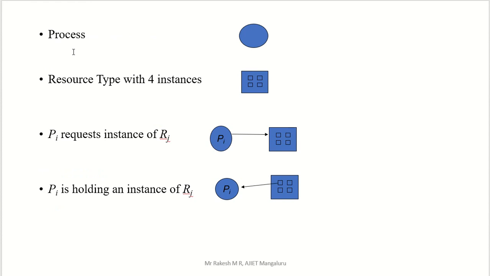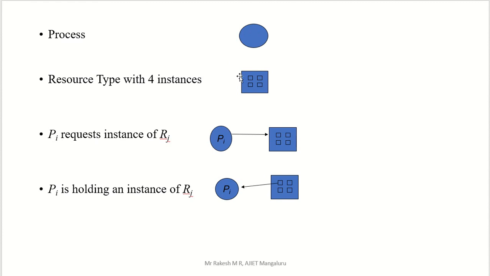Here we have some things. A process is represented like this, and a resource type with 4 instances. Instance, I already told you. If you have a printer, printer is a resource. If you have 4 printers, then we have printers with 4 instances. So here one resource is there, and we have 4 instances. You can see inside this we have 4 small areas.